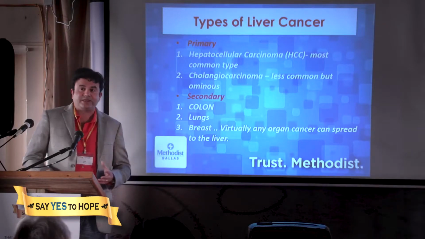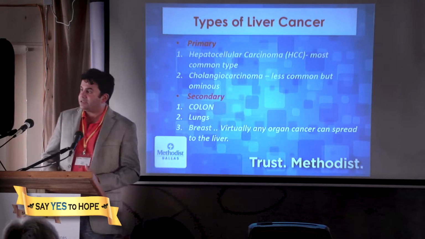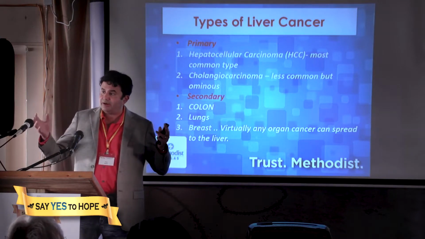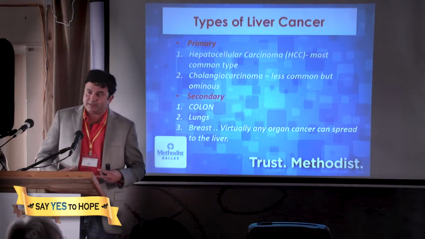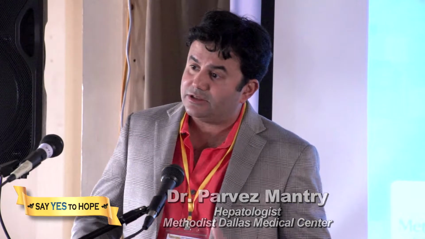And then the secondary cancers, the liver is the most common site of any metastasis because it is the largest visceral organ, and the blood from everywhere goes to the liver for processing. And so cancers of the colon, of course, because all the blood that comes into the GI tract goes into the liver for processing, because the liver takes care of all the food products for digestion, and the colon sends all the blood to the liver for processing as well.